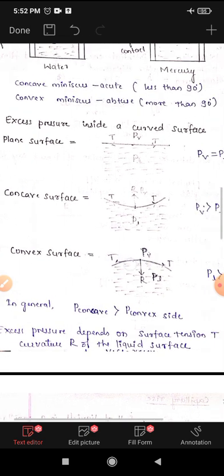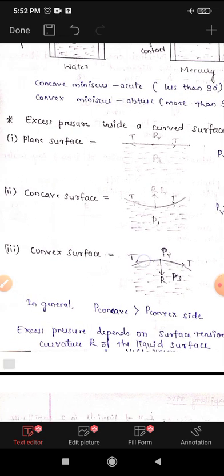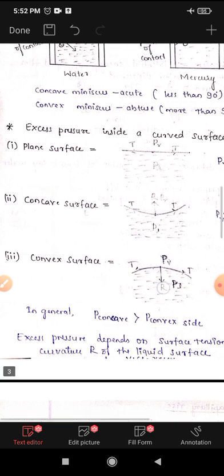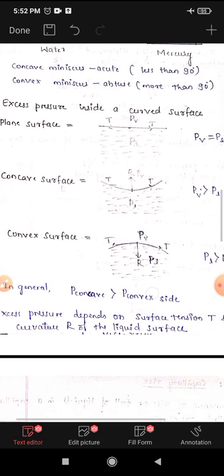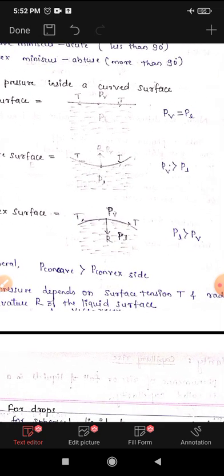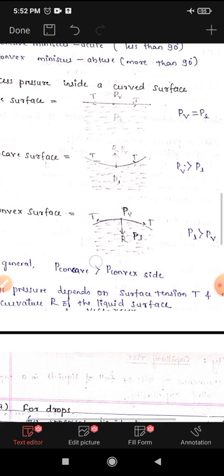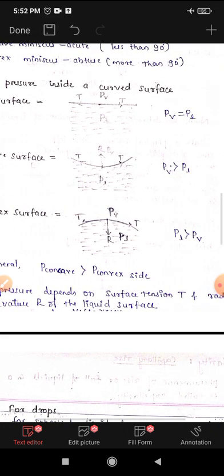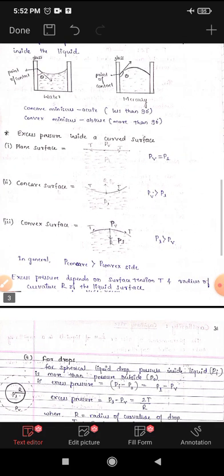So due to the surface tension, the resultant pressure, or the resultant force, will be in the downward direction, that is, towards the liquid. So we can say the liquid pressure is greater than the vapor pressure, or in the case of a convex surface we can say the pressure inside the liquid is greater than the pressure outside the liquid.